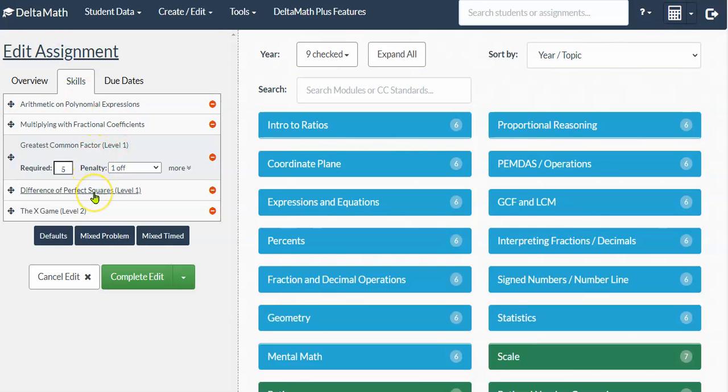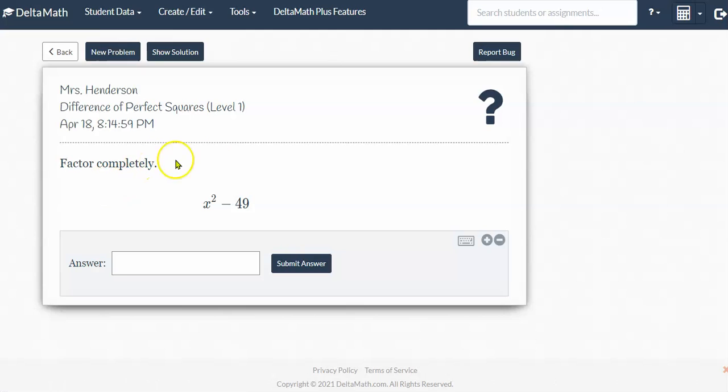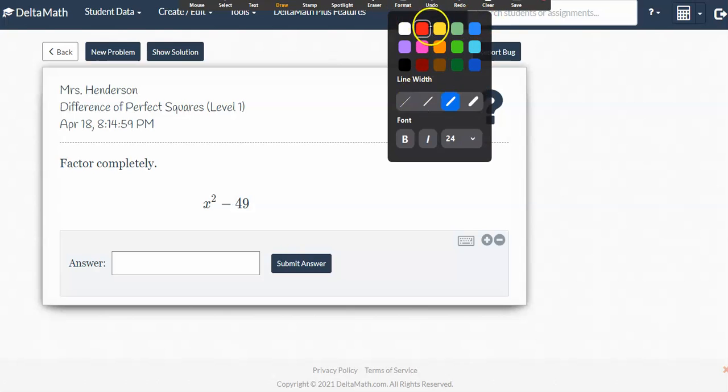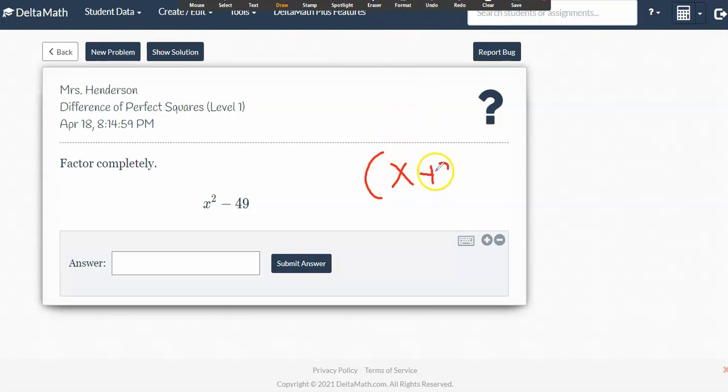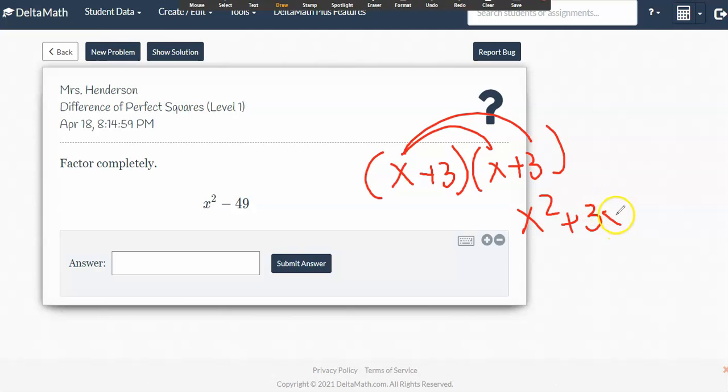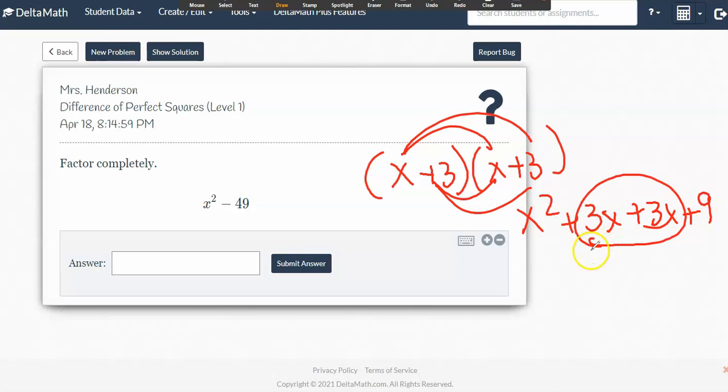All right, the second part is difference, or the fourth part, I should say, difference of perfect squares. Remember, factoring, which is what we're going to be working on this week, is the opposite of distributing. Do you remember when we were distributing and every time we foiled, we got a repeat number in the middle?